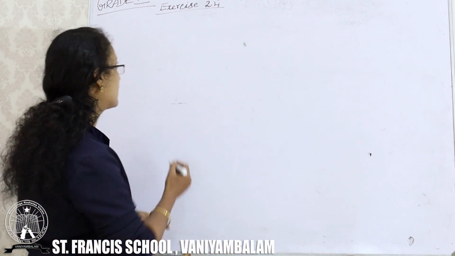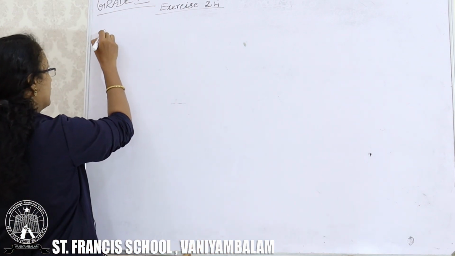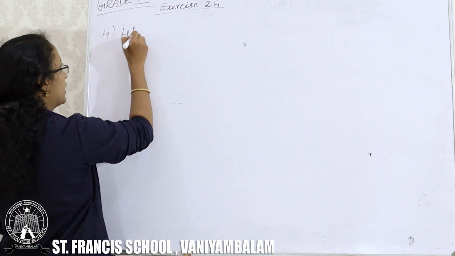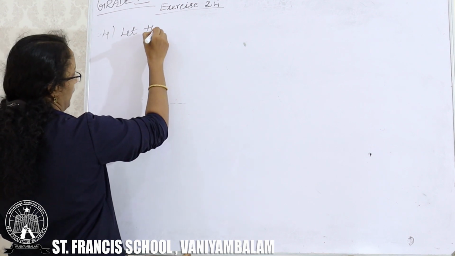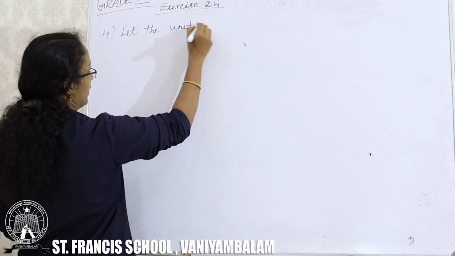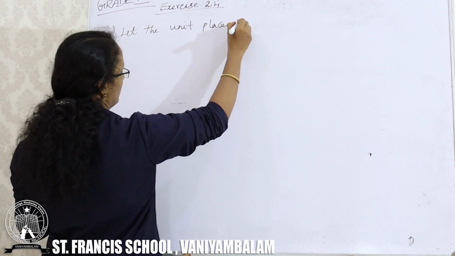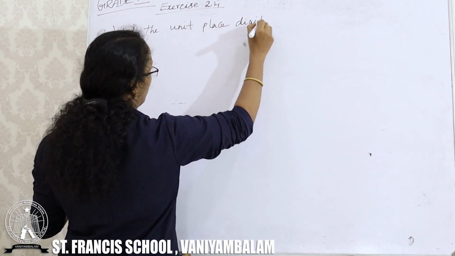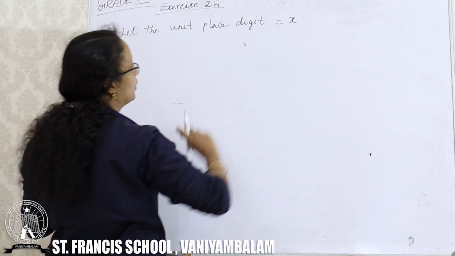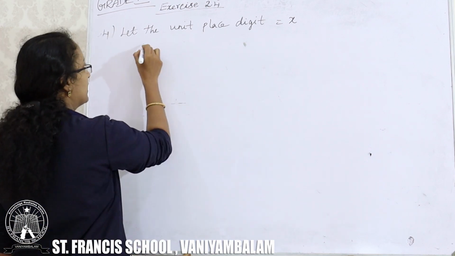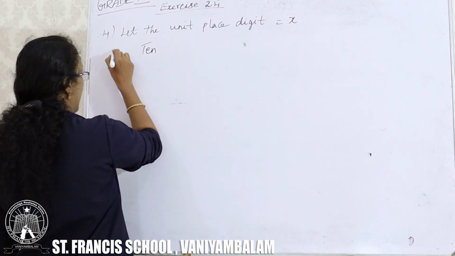So let us take the unit place digit to be x. And what will be the tens place digit?